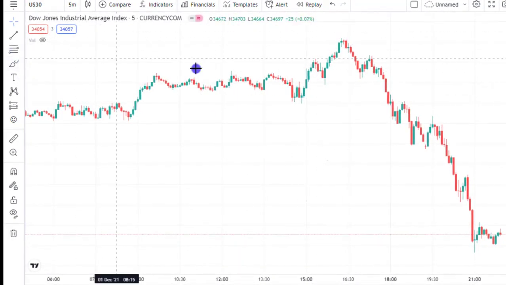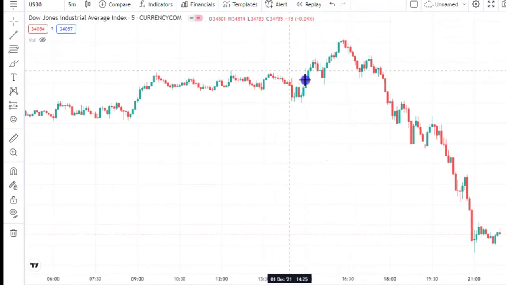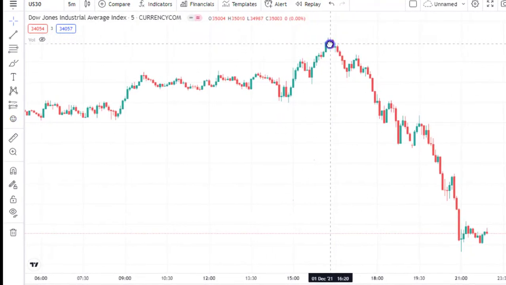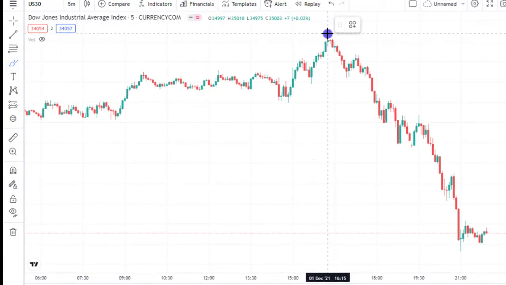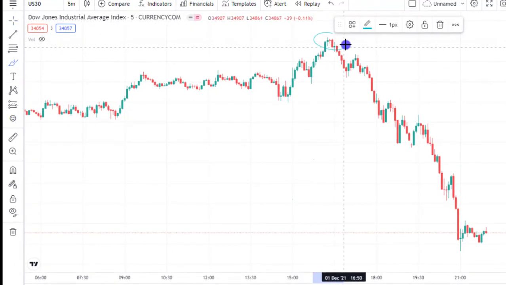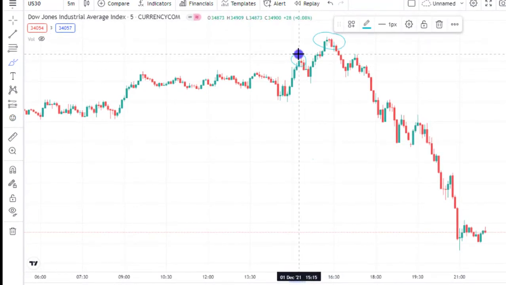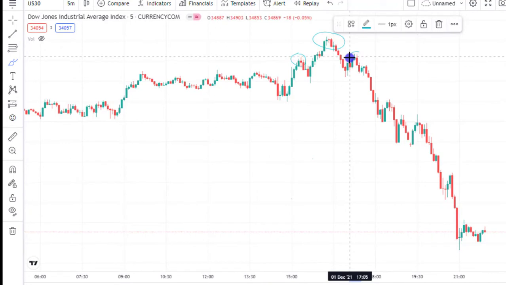If you look at this now, look at this side, you can say that this is the head. So this is the left shoulder and this is the right shoulder.